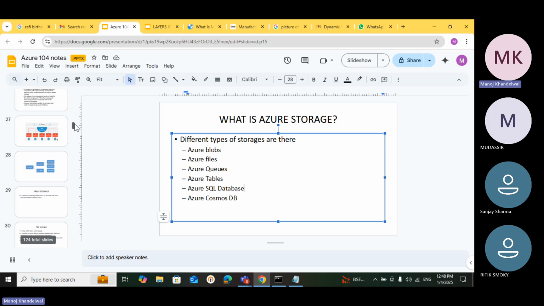To store which type of data? Blob storage is used for which type of data? Unstructured data. Blobs are for unstructured data. Unstructured data is like files, videos, WhatsApp messages, and all that. These are all unstructured data, right? Correct.